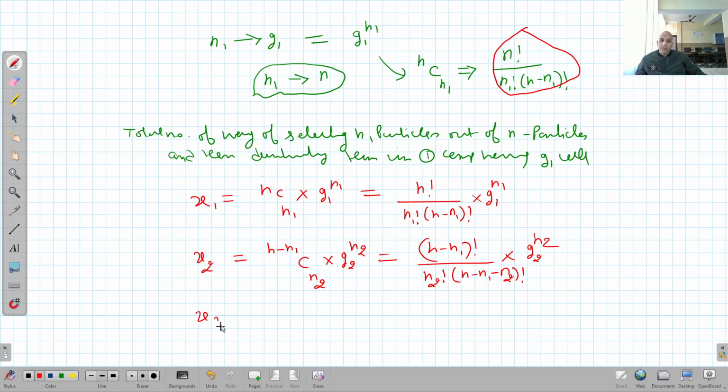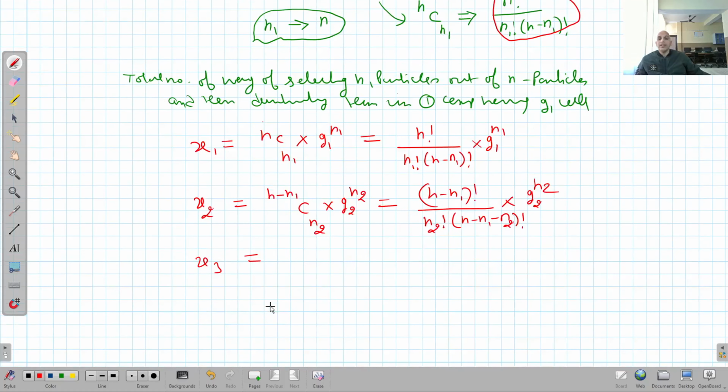Similarly, for the third compartment, what will be the result? Now it will be n minus n1 minus n2, because these n2 particles are also taken from it. C n3 into z3 power n3.